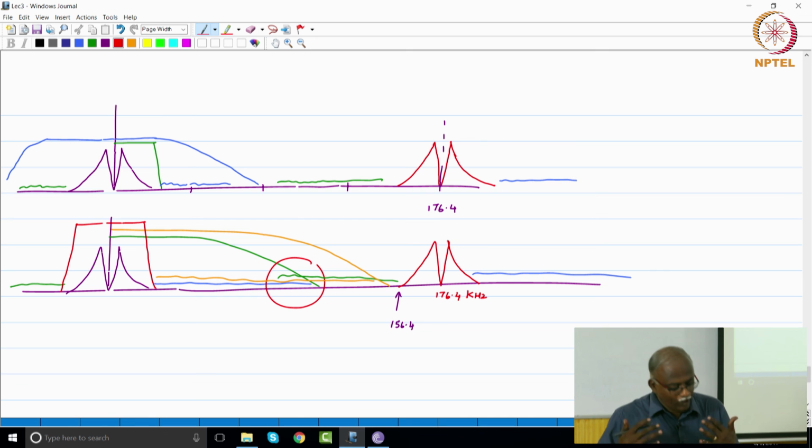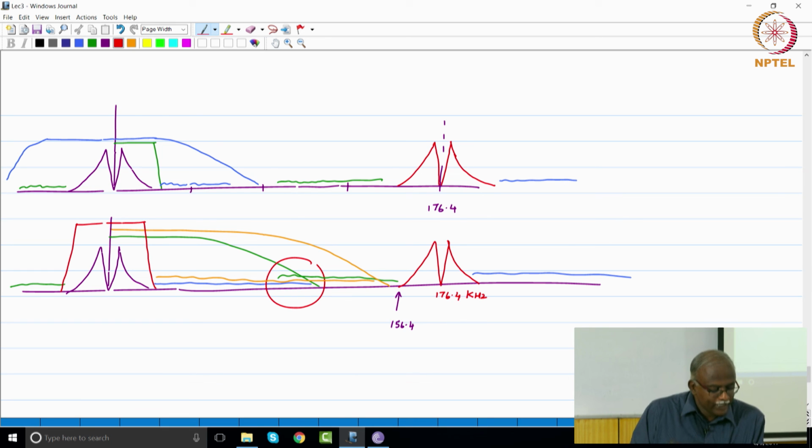So, one of the things that I wanted to introduce through this example, of course, is that multi-rate signal processing is a very practical tool which you are using every day, whether you may have realized it or not. But it is all about understanding the underlying framework of sampling, aliasing, what is my desired signal, how far can I allow the aliasing to come, all of that is a very, very important element.